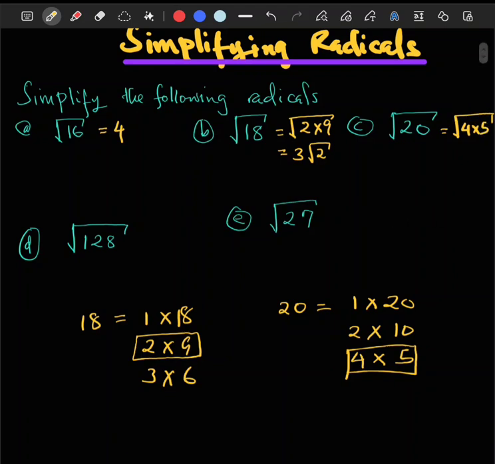To find the square root of 4, that's easy. Square root of 4 is 2, but square root of 5 cannot be a whole number. So we're going to leave square root of 5 as it is. So this is 2 square root of 5, and this is the final answer. So simplification of square root of 20 is just 2 square root of 5.